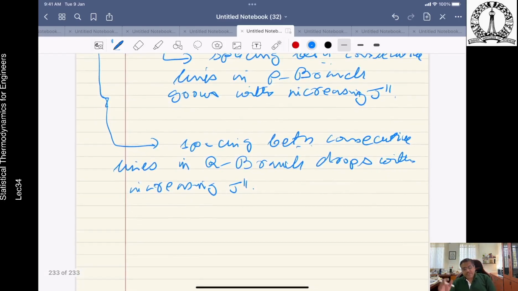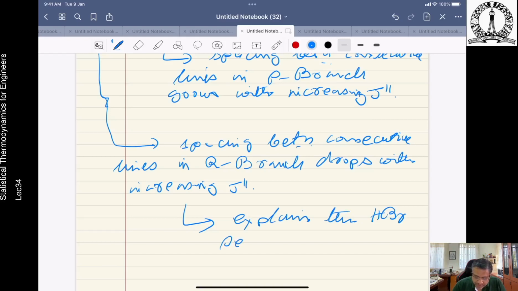So this actually explains the HBr spectrum quite well. This explains the HBr spectrum that we drew earlier.